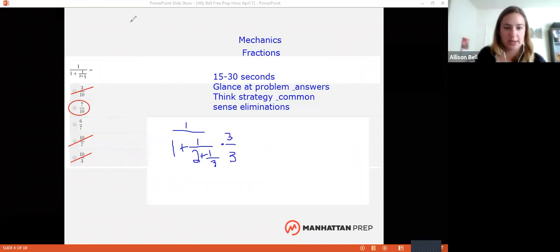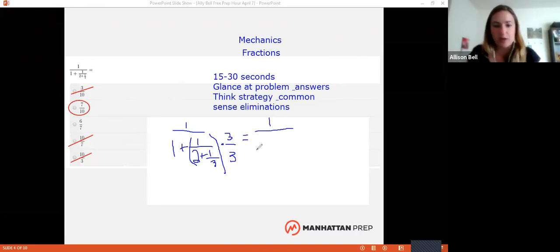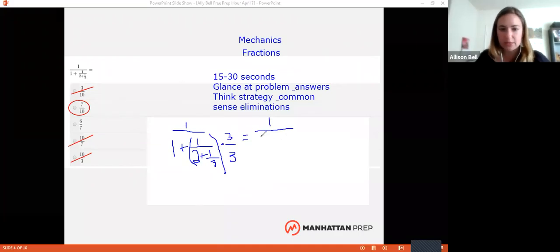And what that's going to do for me is help me move a little faster by skipping some steps. I'm essentially multiplying this fraction by 1, so it doesn't change the end result at all. It's a totally legal arithmetic move.